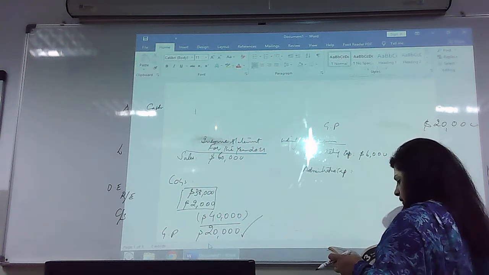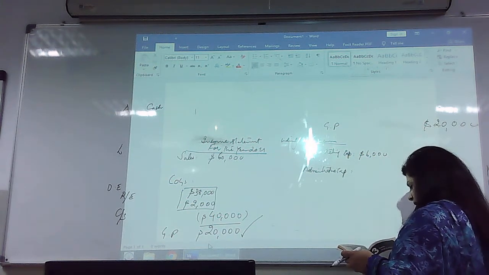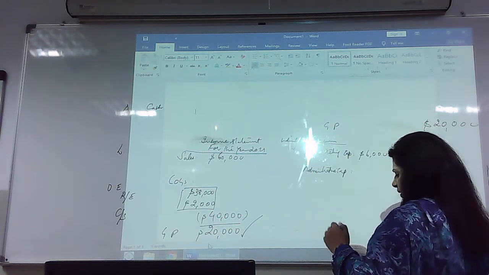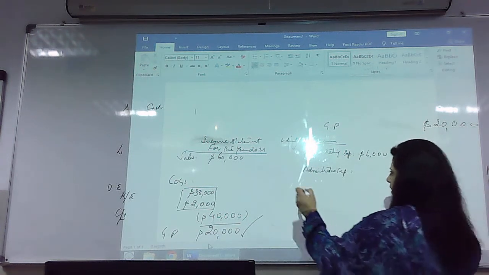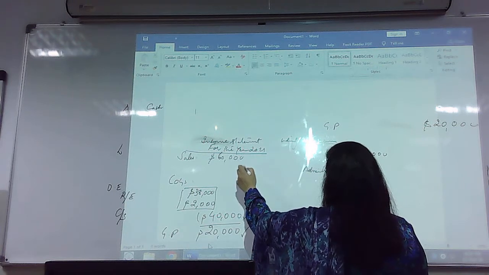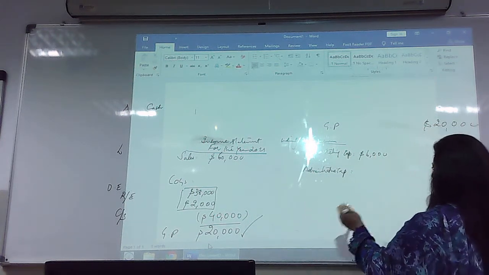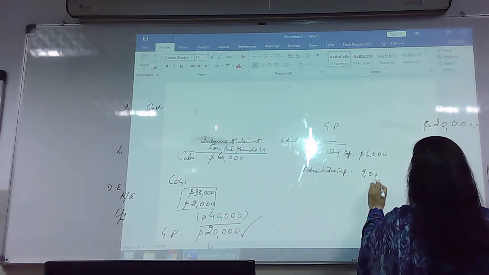So we can find that 15% would be approximately 3,000 added to this, because it's going to be 10 plus 5. So if 10 is 6,000, so 5 would be approximately 3,000. So 6 plus 3 is 9,000. So administrative comes to about $9,000.